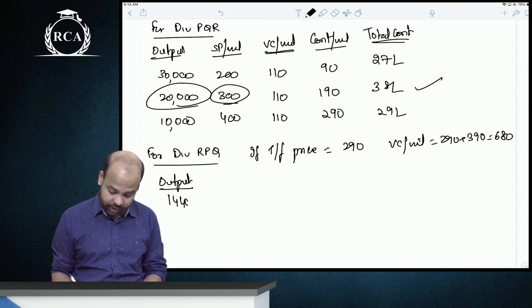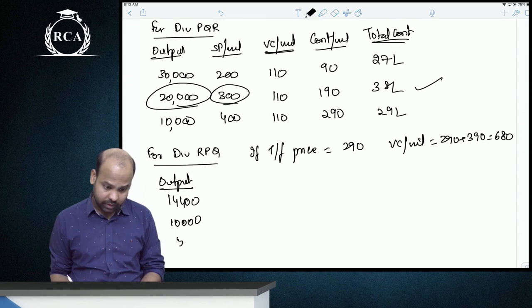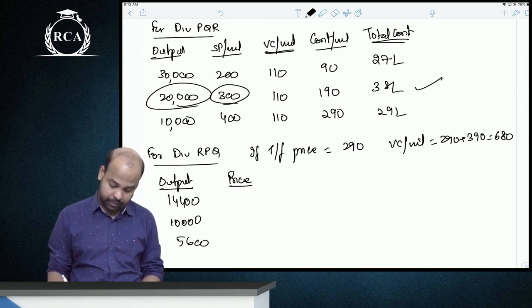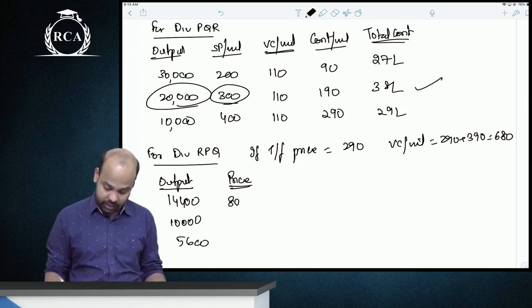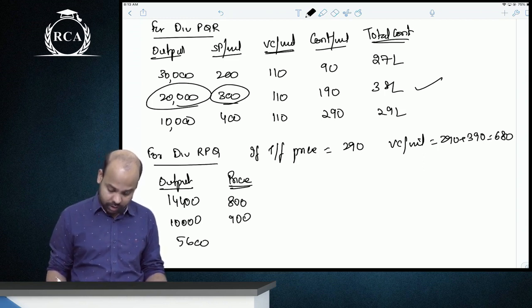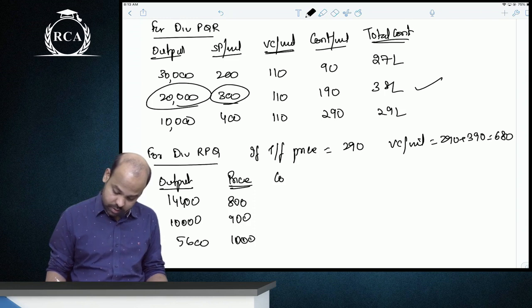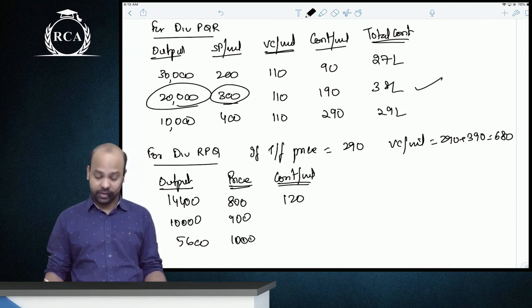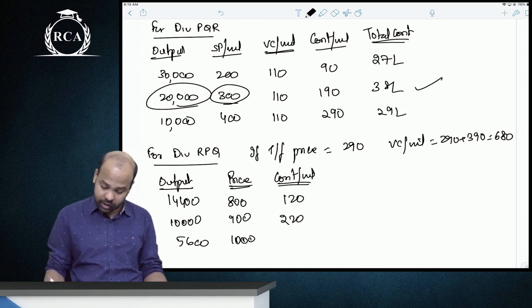Output can be 14,400, 10,000 and 5,600 units. Selling price is 800, 900 and 1000. Contribution per unit will be 120, 220 and 320, with variable cost per unit of 680.